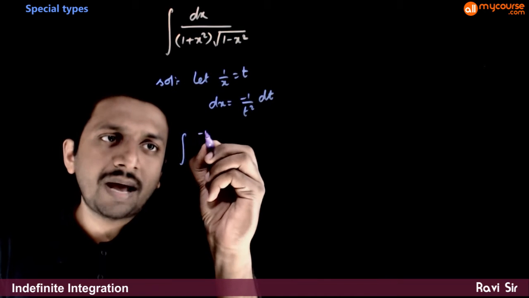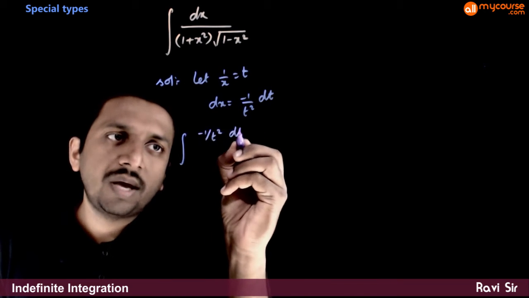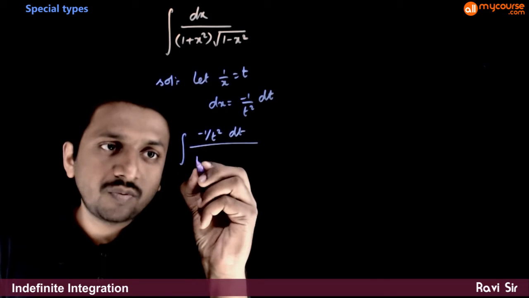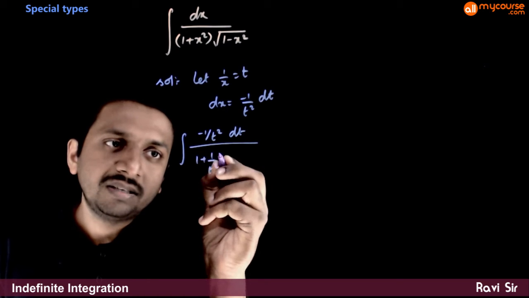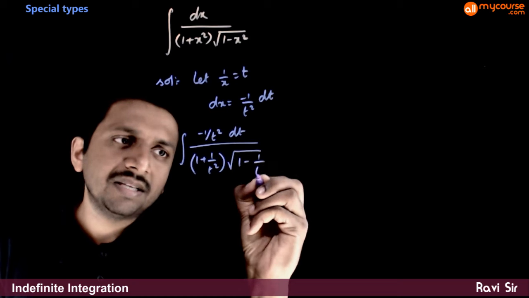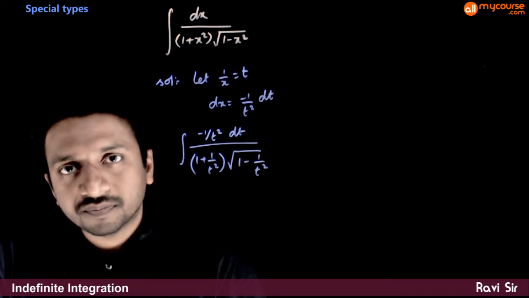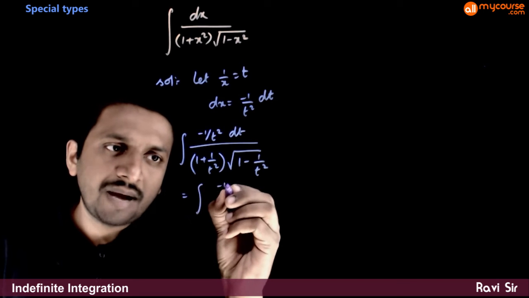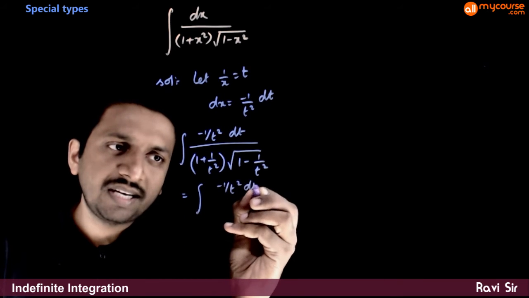dx is equal to minus 1 by t square dt divided by 1 plus x square, that is 1 plus 1 by t square, into root of 1 minus 1 by t square. That is equal to integration of minus 1 by t square dt.